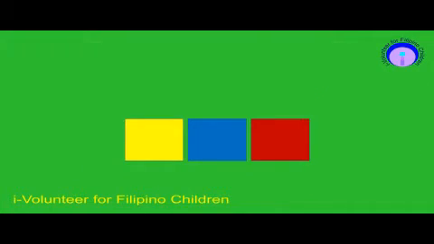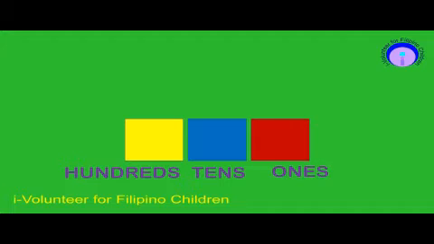We will be using 3 squares to represent the different place values. Red for the ones, blue for the tens, and yellow for the hundreds. Just remember that for each square, it will allow only 1 digit.